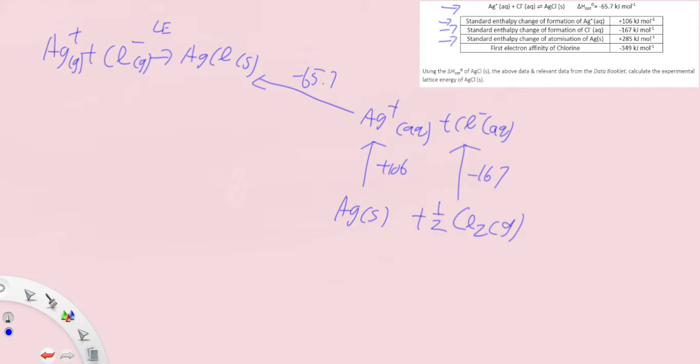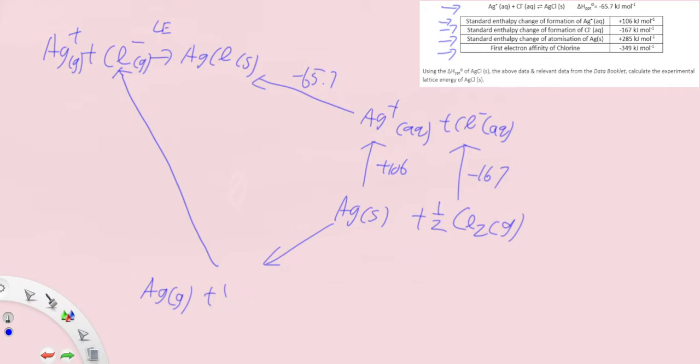Enthalpy change of atomization of silver solid. I'm going to draw the arrow downwards because we know we're going to close the loop already. Atomization: element to gaseous atom, 1 mole of gaseous atom formed. Then the electron affinity of chlorine: from gaseous chlorine atom to chloride ion in the gaseous state. It's likely going to come from here. Why is that so?